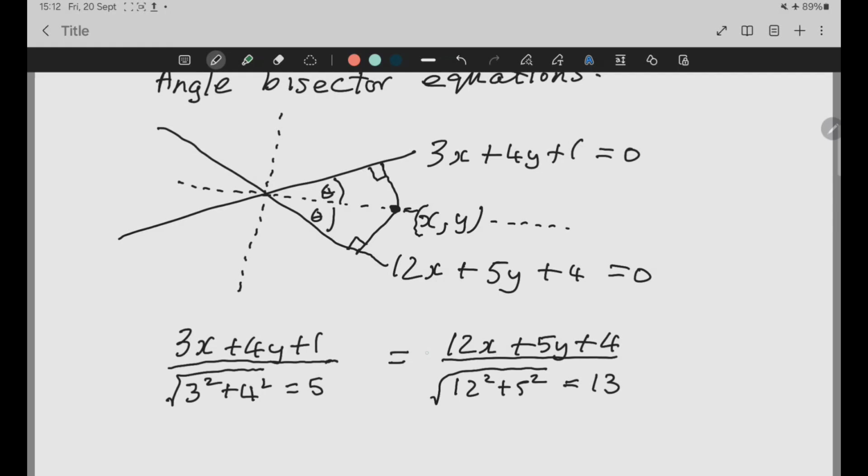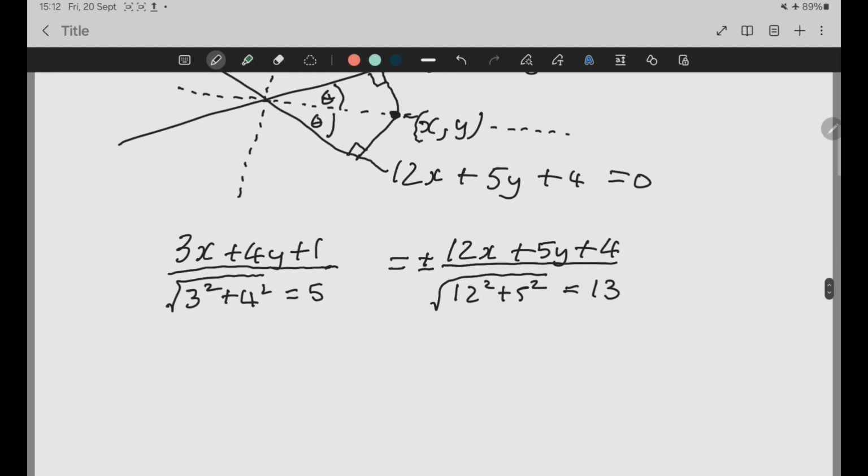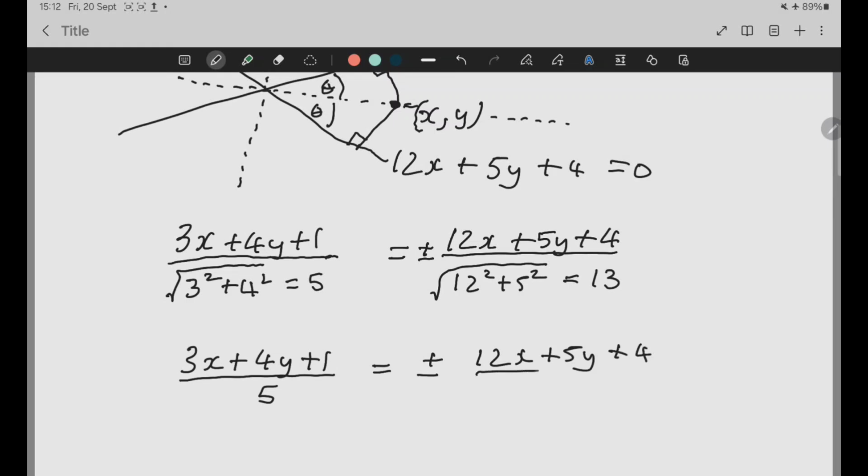Now, I'm going to write a plus or minus sign on the right, and I'm going to explain the significance of that in a moment. But at the moment, let's simplify those equations, tidy them up a little bit. So it's (3x plus 4y plus 1) over 5 equals plus or minus (12x plus 5y plus 4) over 13.